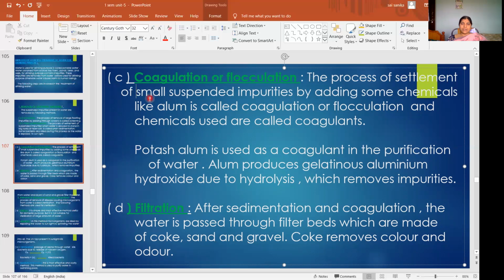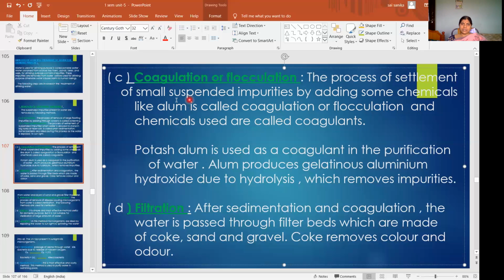So we are using one chemical that is called alum. Already we removed some suspended impurities through plain sedimentation. If any small suspended impurities are present, they are removed by adding this chemical alum. Coagulation or flocculation means they will clot, and the chemicals used are called coagulants.